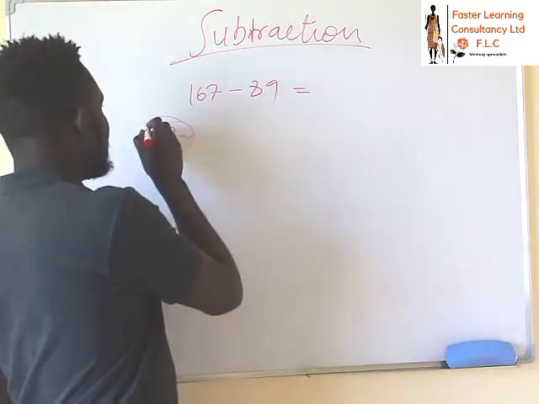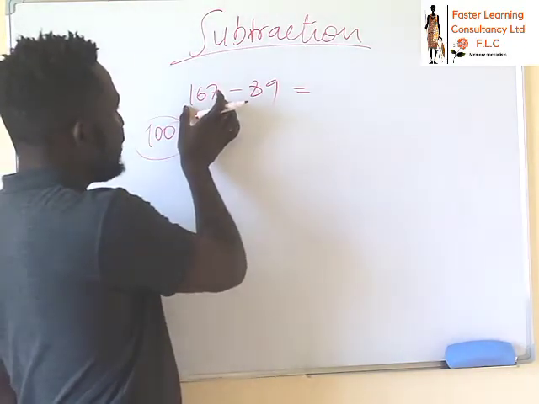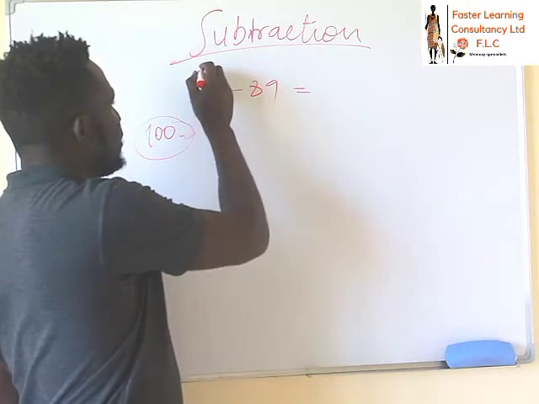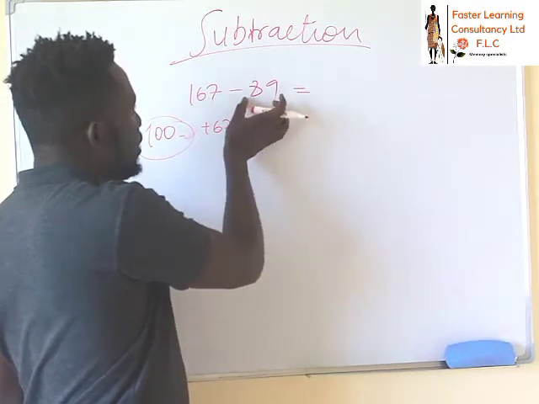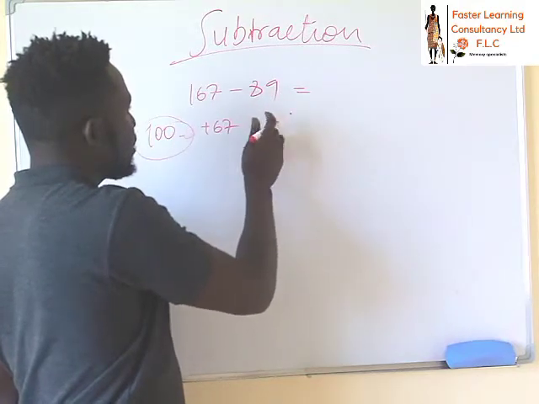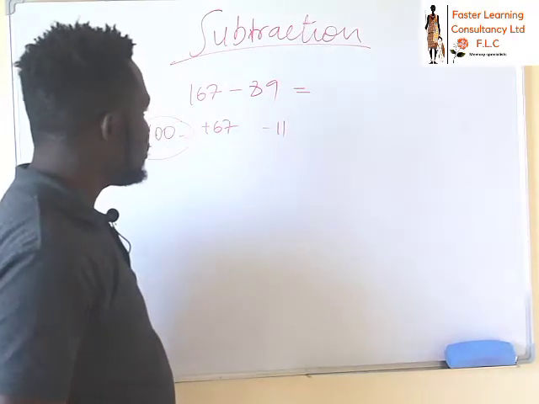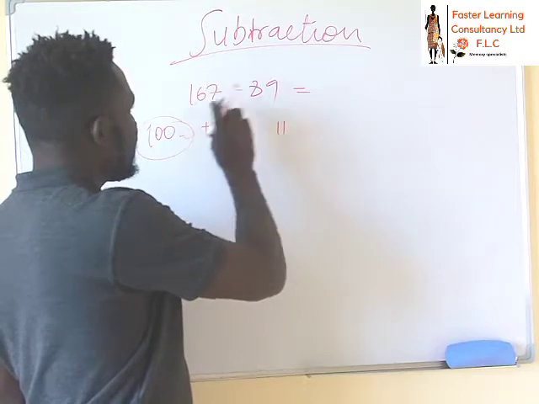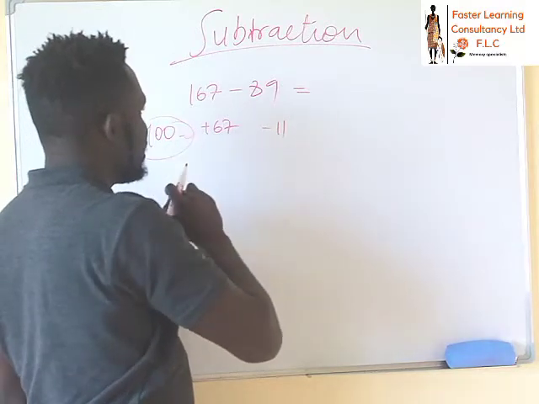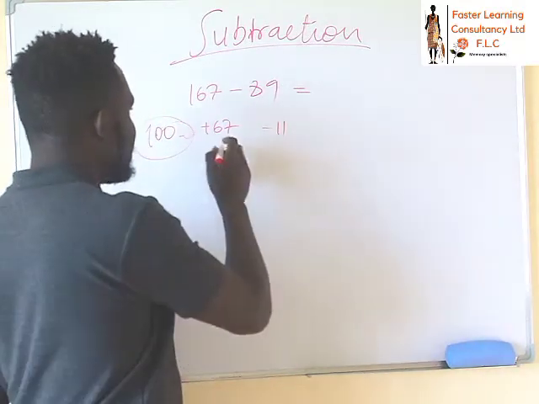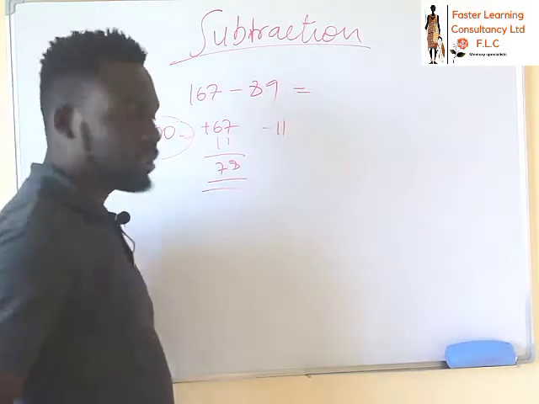I'll take 100 because 100 is in the middle, and 167 is 67 more, so this is positive 67, and here is 11, because 100 minus 89 is 11 and 167 minus 100 is 67. So if I want to get my answer, I just add 11 to it, and then I have 78 as my answer.